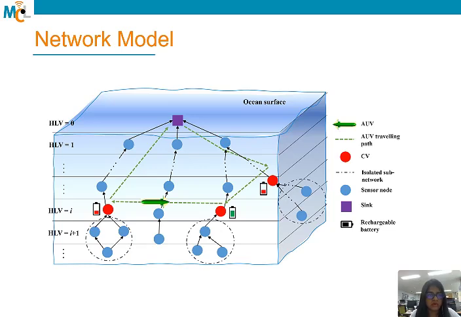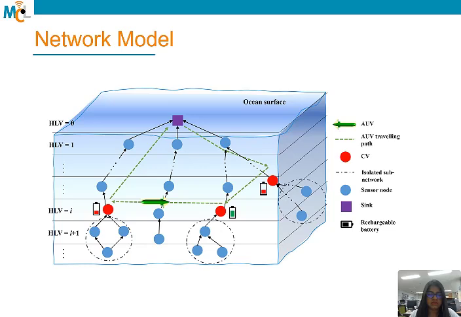In order to avoid the loss of data generated or collected by the lower level sensor nodes of a cut vertex, we use an AUV to explore the network and identify the cut vertex. Then we use the Chapman-Kolmogorov equation to predict the future residual energy of the cut vertex, and we create a priority list.